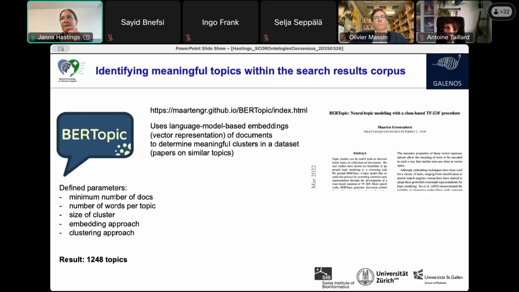So in order to identify the topics, we used a language model based approach called neural topic modeling. What this does is it embeds a whole lot of documents into a latent space, into a mathematical representation, and then clusters that mathematical representation in order to chunk up the literature into different topics based on the meaning behind the words that are used.